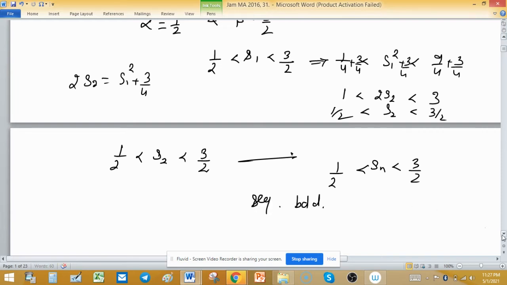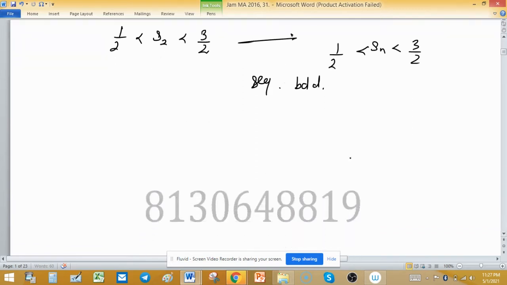And for monotonicity, we will seek the sign of the derivative and its double derivative. So we can easily tell whether the sequence is increasing or decreasing. The terms of the sequence are defined as 2 times Sn plus 1 is equal to Sn square plus 3 by 4. So as this is input and this is output, set Sn as x and Sn plus 1 as y.